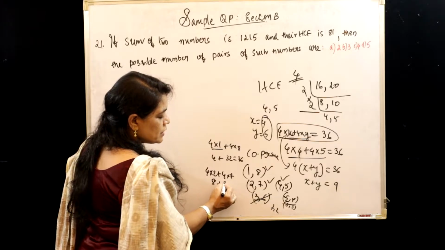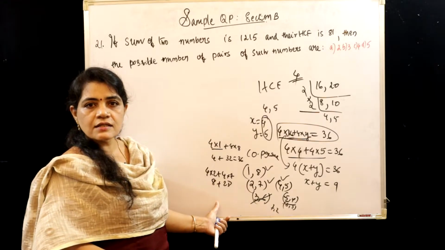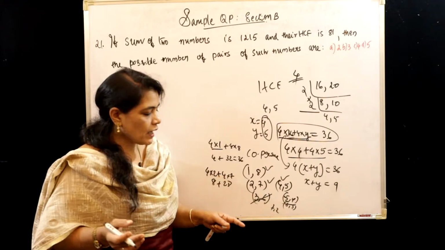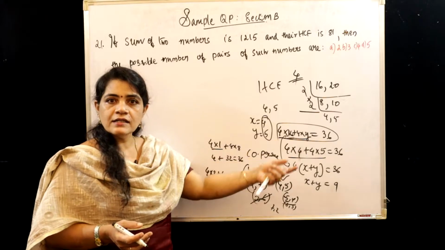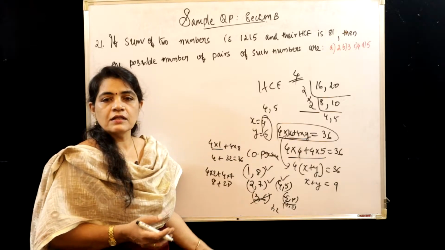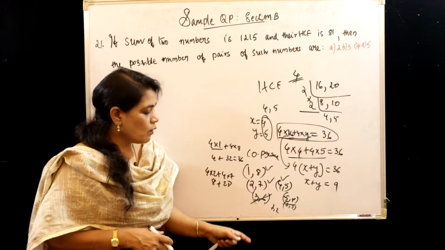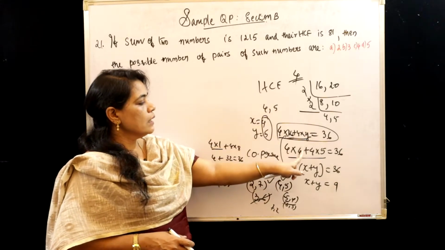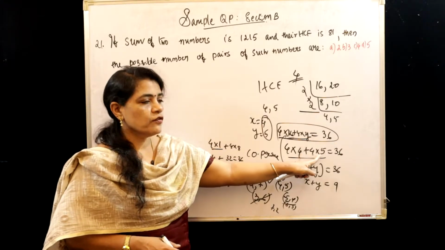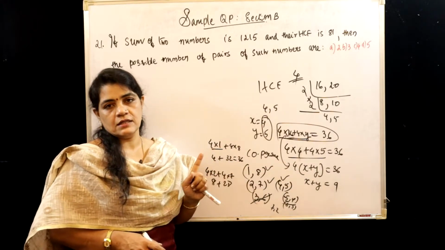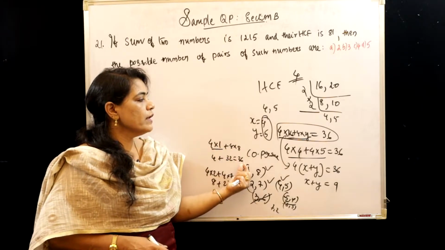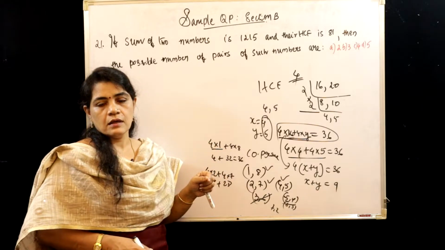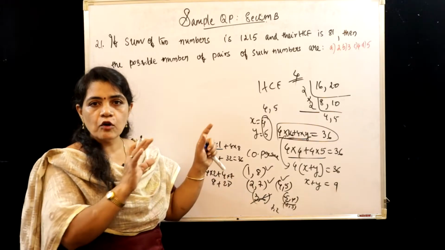See, 8 plus 28, 4 sevens are 28, 8 plus 28 is 36. So this is okay. But if you take the 3 and 6 pair, you can't get 36 as the number. That means this is not the required pair, we can't consider it. And at the same time 4 and 5, we have already seen that 4 fours are 16 and 5 fours are 20, so their sum will be 36. So in this case you express it in terms of 3 pairs. I hope by taking the simple example, this idea is clear.